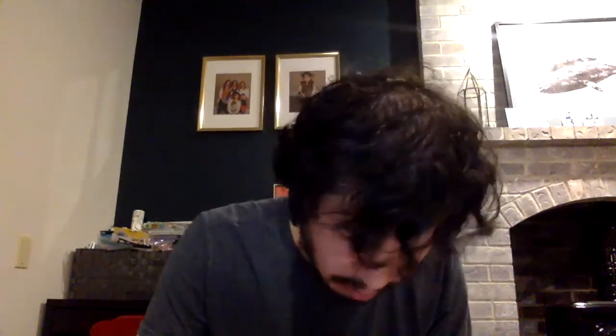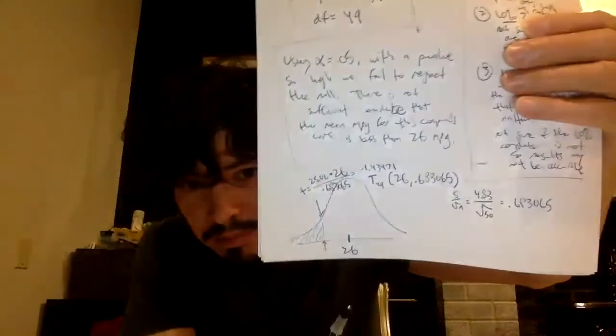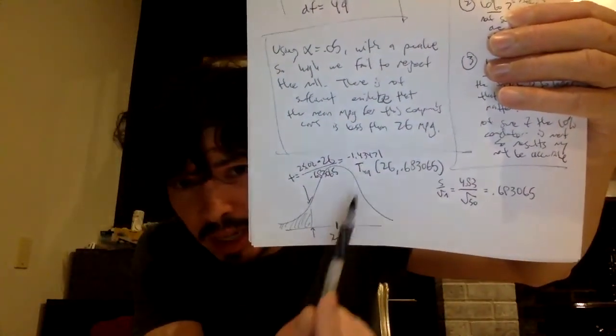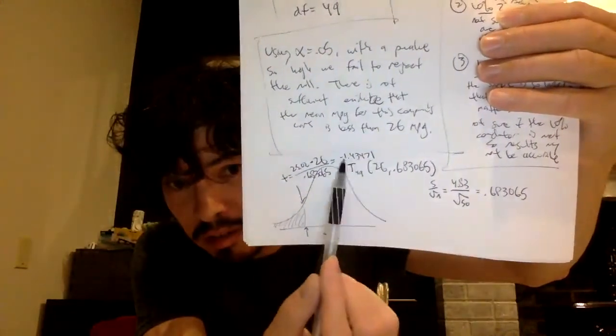We'll see where that puts us. And I got negative 1.43471. So we are 1.4347 standard deviations below the mean there. That's my z-score, my t-score.